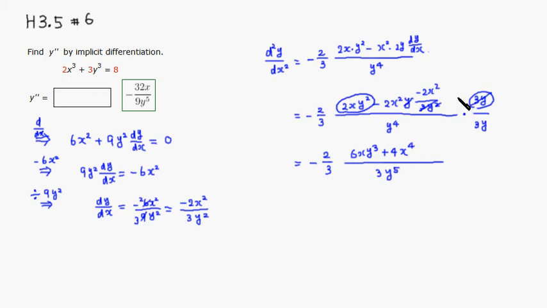All right. Then what we can do is factor out 2x from the top. So let's do that. So it's a negative 2/3, I'll leave that alone for now. Right, you have a 3y to the 5th, right? So from here, the common factor would be 2x, right?